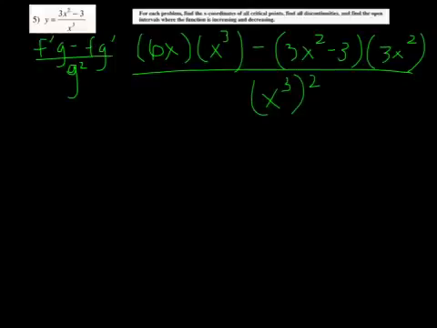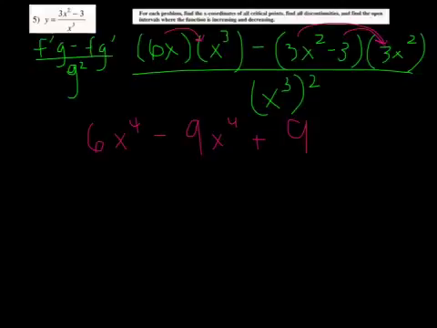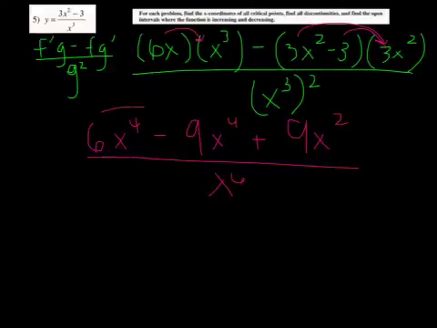So next thing you want to do is simplify this. If you do that, you multiply, it'll become 6x to the fourth, minus 9x to the fourth, plus 9x squared, all over x to the sixth. Since these have common exponents, you can subtract them.